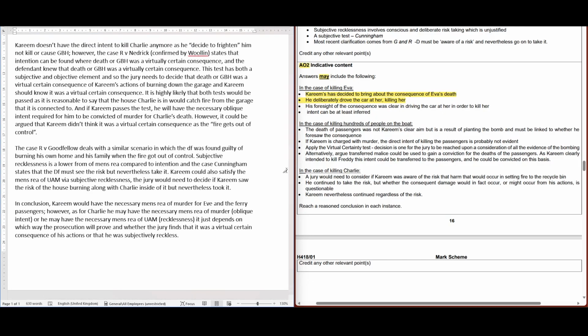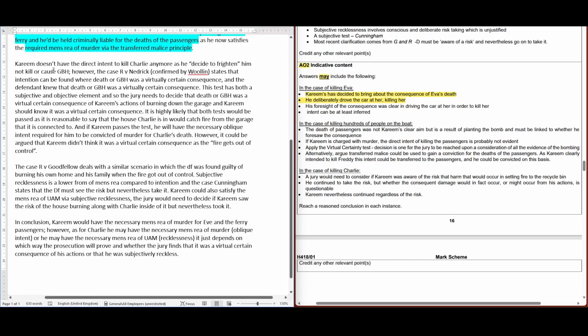Let's read the 3rd paragraph now. Kareem doesn't have the direct intent to kill Charlie anymore, as he decides to frighten him, not kill or cause GBH. However, the case, Nedrick, confirmed by Woollin, states that intention can be found where death or GBH was a virtual certain consequence, and the defendant knew that death or GBH was a virtual certain consequence.